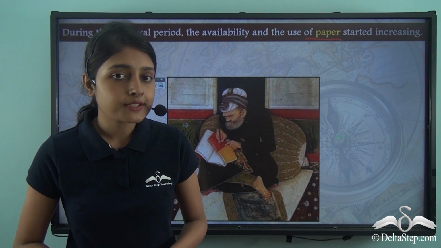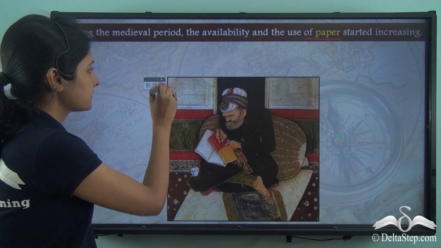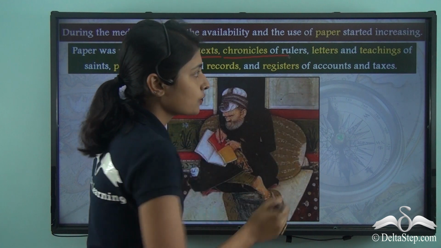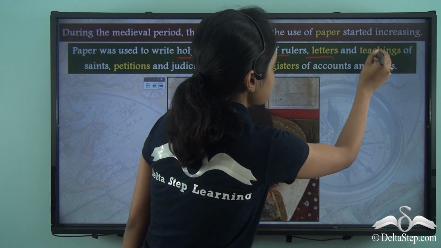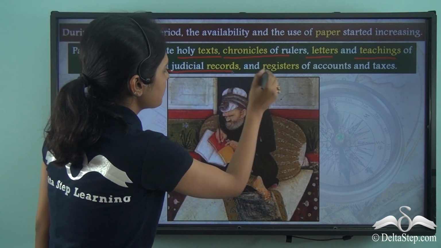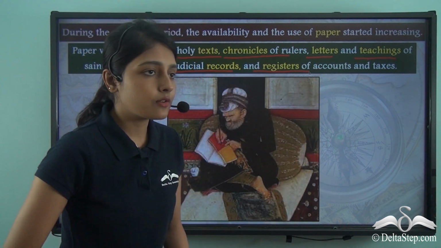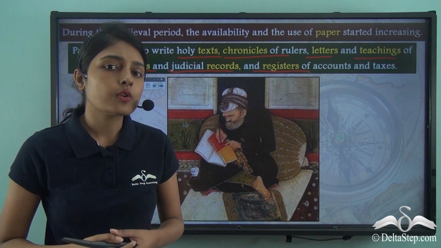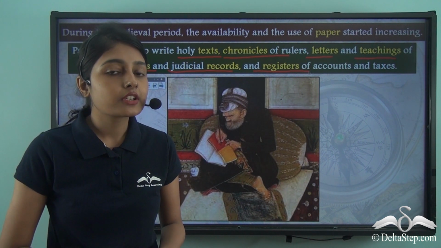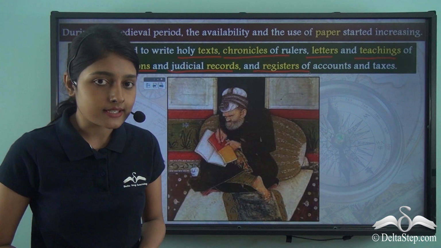People used to write about holy texts, chronicles of rulers, letters, teachings, petitions, judicial records, and registers of accounts. So you can see a host of different things used to be written on paper after the use of paper started increasing.